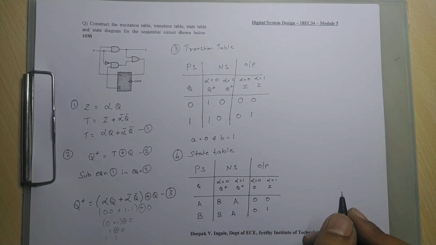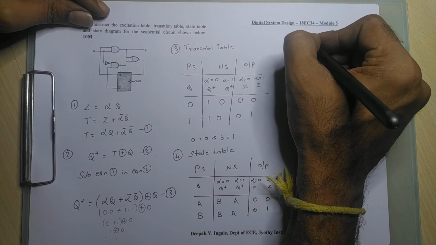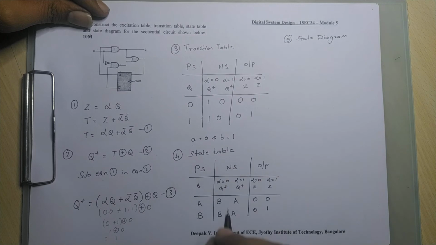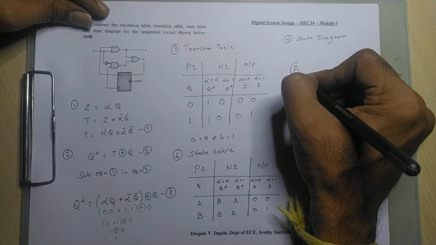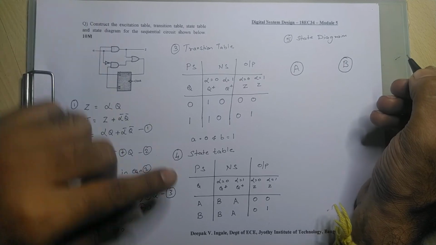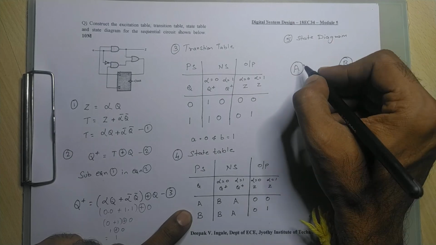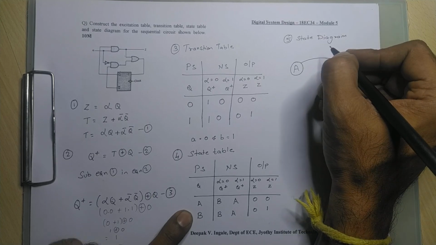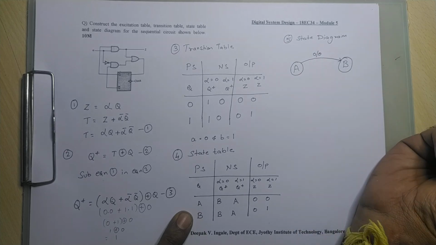Fine. The final step here is to draw the state diagram. So how many states do we have? We have two states, A and B. You are in state A. If alpha is equal to 0, you go to state B and your output is 0. So you will write input slash output.